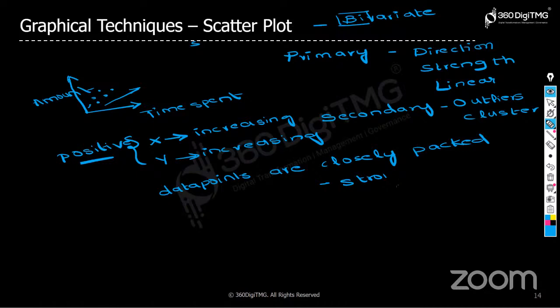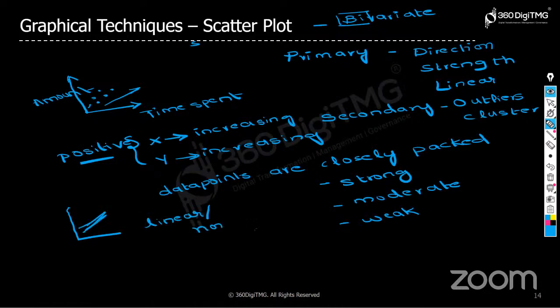If they are cluttered somewhat, that is moderate. If they are very distant from each other, then that is weak. And linearity or non-linearity, you can say by looking at the scatter plot itself. When the data points are on a straight line, those are linear. If it is not in the form of a straight line, that is non-linear. We will see this in the charts with the help of an example.